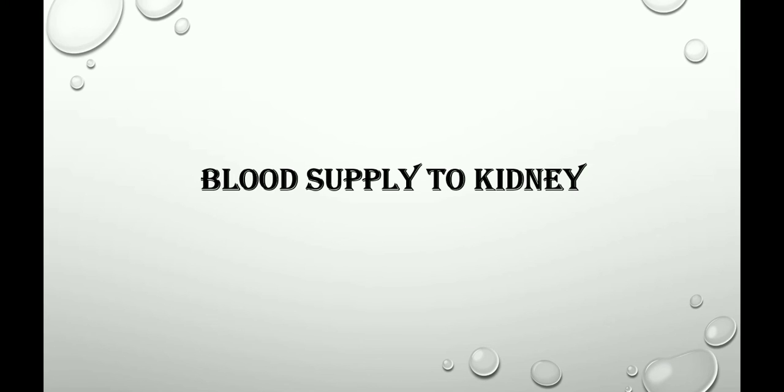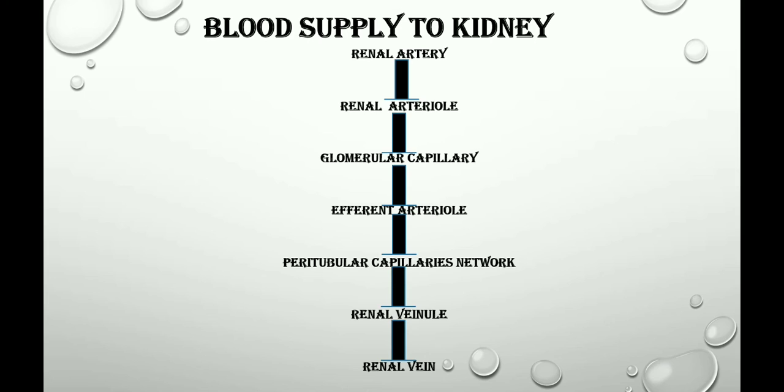Blood supplied to kidney. Let's see this flow chart in order to understand the blood supply to the kidney. The renal artery collects the blood from the heart. It passes blood to the divisions of the artery, called renal arterioles, which enter inside the kidney.